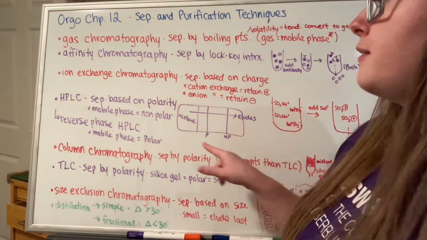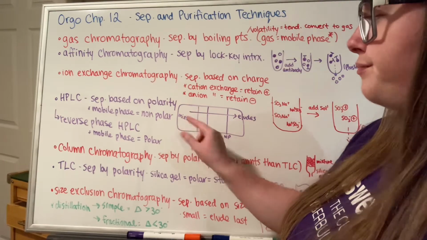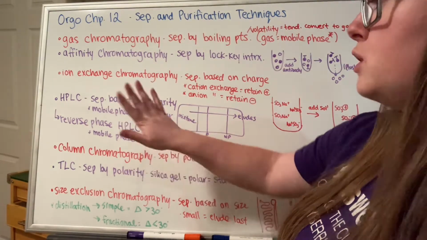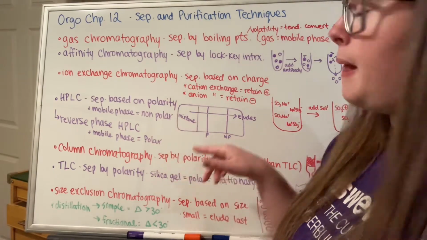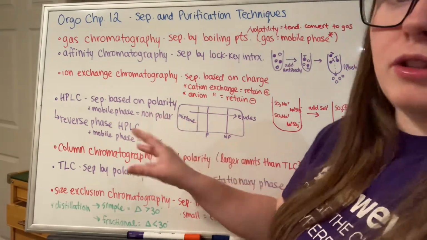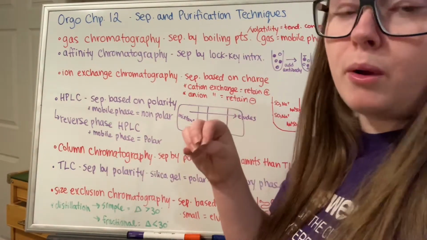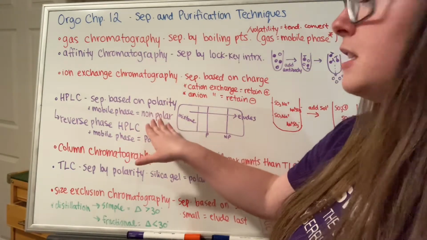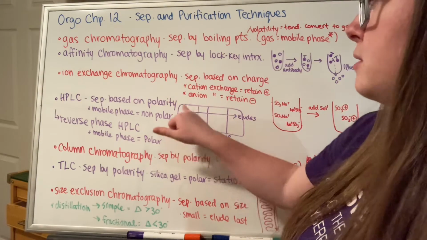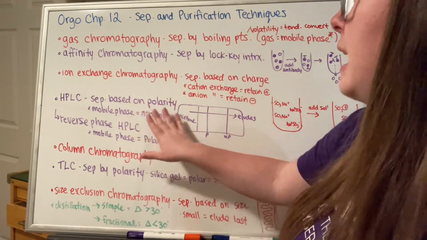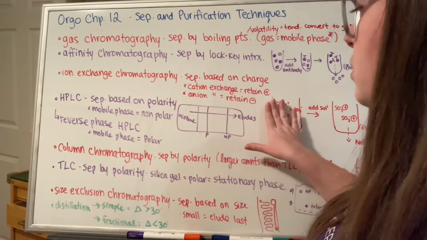Because we're putting in a mobile phase, the thing that's going to move it through, and it's going to be non-polar, that means that like dissolves like. So the non-polar mobile phase is going to like the non-polar compounds in this mixture, so it's going to carry it with it as it goes through the tray.